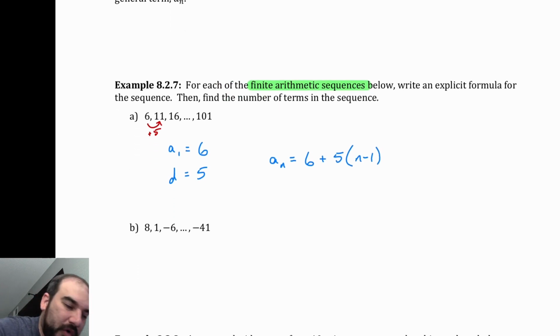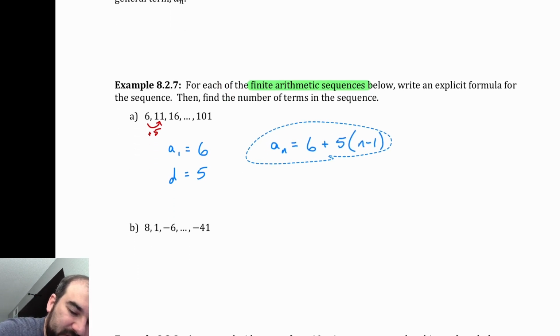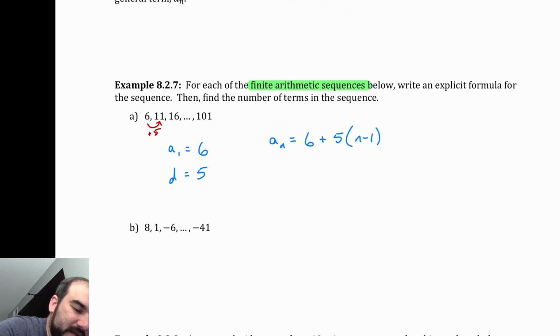Now, for ease of use, I would recommend distributing this 5 and simplifying a little bit, just so we have a linear equation of the form y equals mx plus b, something that looks like that. So if I distribute that 5, I get 6 plus 5n minus 5, and then we can combine the 6 and the minus 5 and write our explicit formula as 5n plus 1.